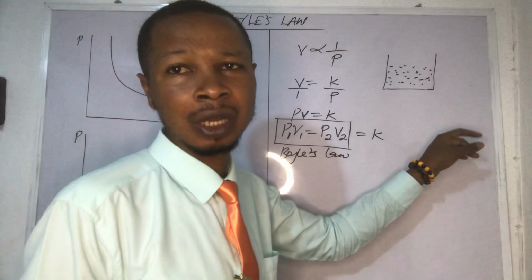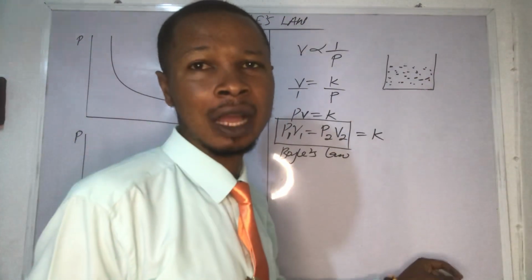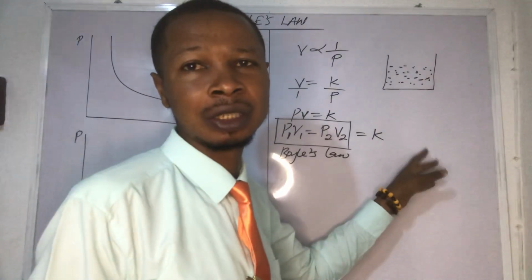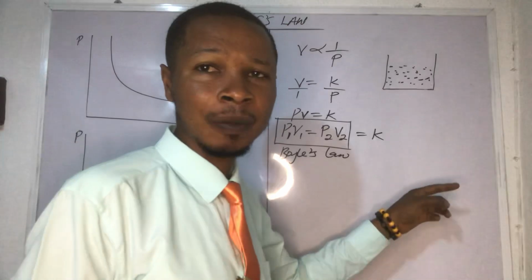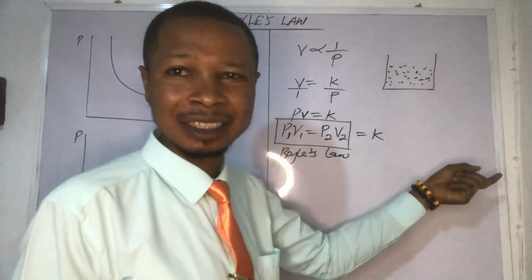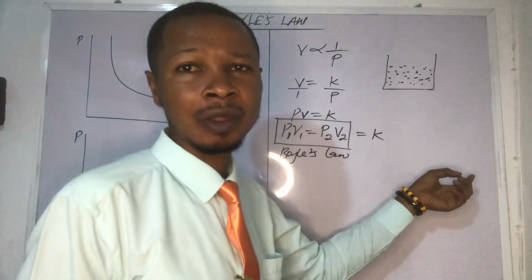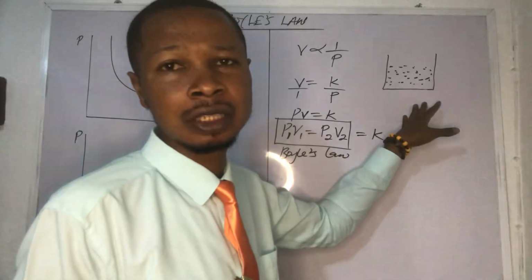How often these gas molecules collide with each other and with the wall of the container is referred to as pressure. The more they collide, the higher the pressure. The less they collide, the less the pressure.